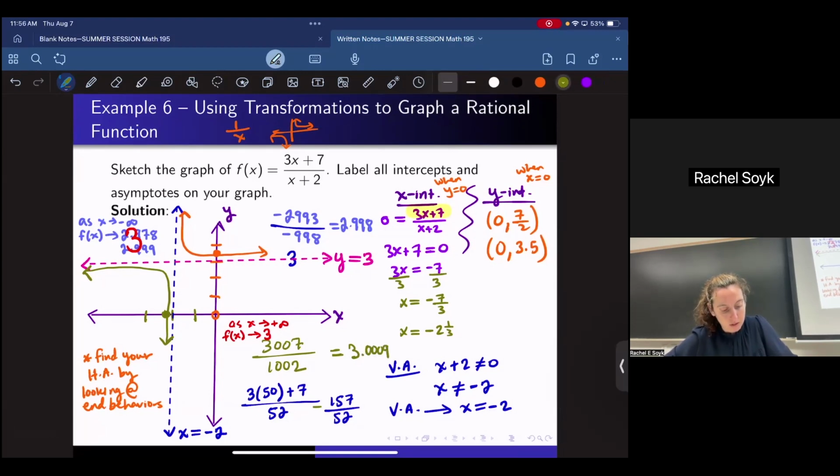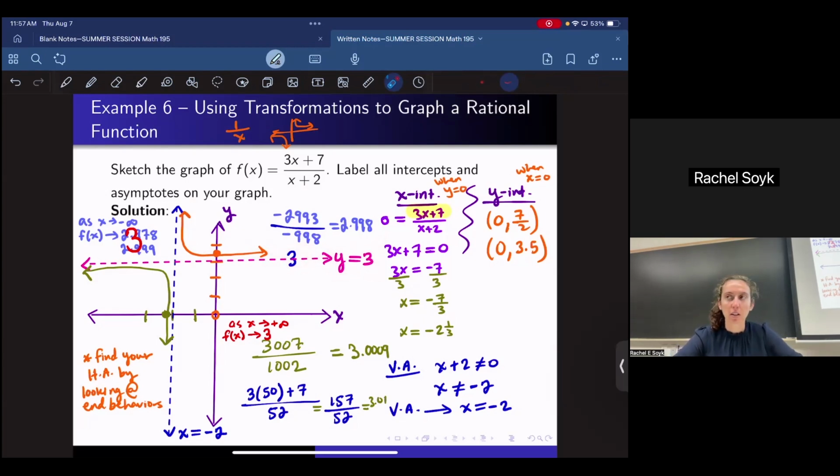And then this one down here also gave you a very close value. 157 divided by 52 is 3.01. So you'll notice, okay, well then, as x is approaching positive infinity, we're getting closer and closer to that horizontal asymptote 3 as well. Does that make more sense? Yeah, cool.